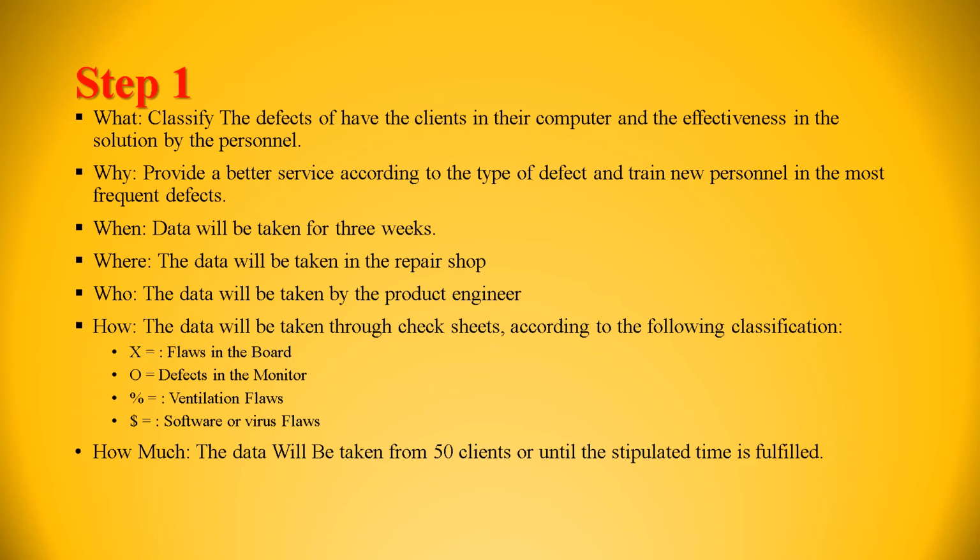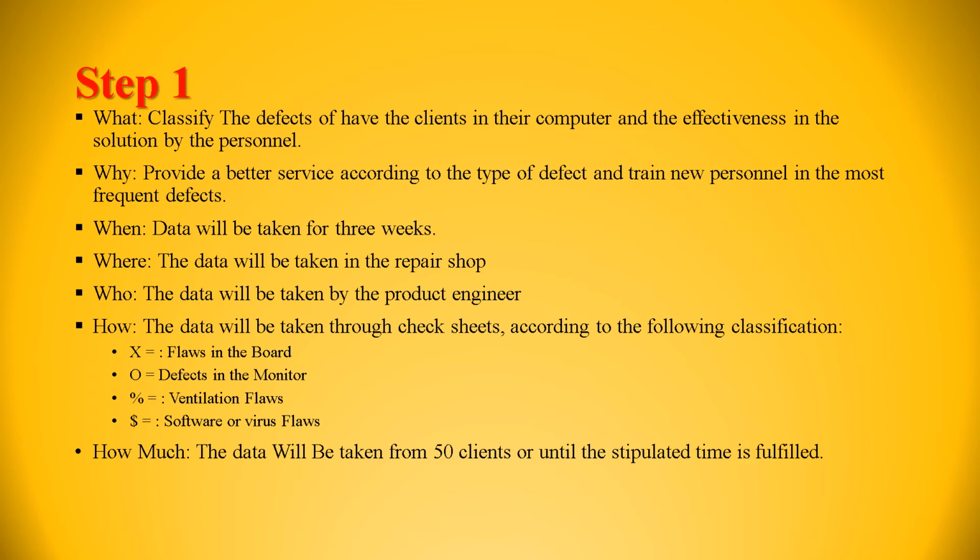Here you can see they have already used 4 symbols for the different types of defects. As an example, a cross for flaws in the board, a circle for defects in the monitor, a percentage symbol for ventilation flaws, and finally a dollar mark for software or virus flaws.